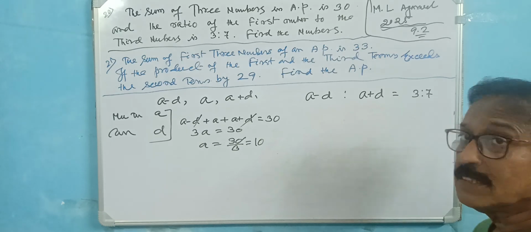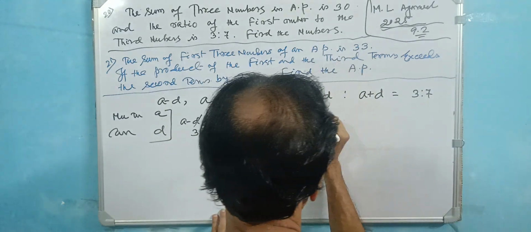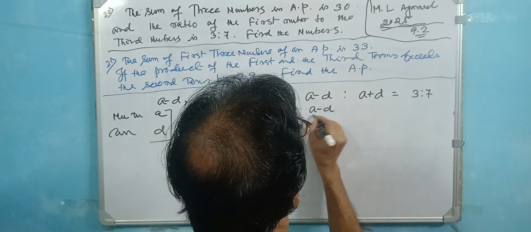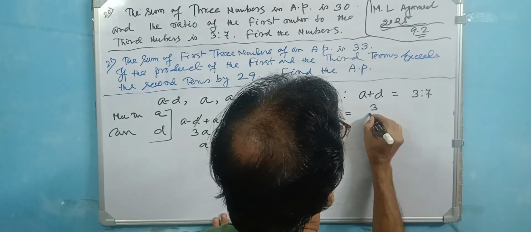From there you get the interrelation between A and D. So A minus D by A plus D is 3 by 7.